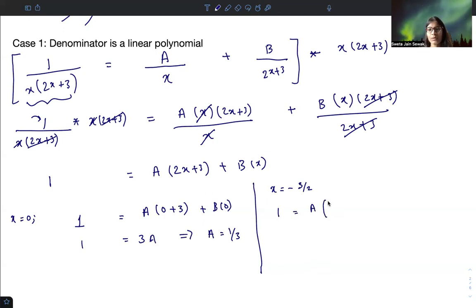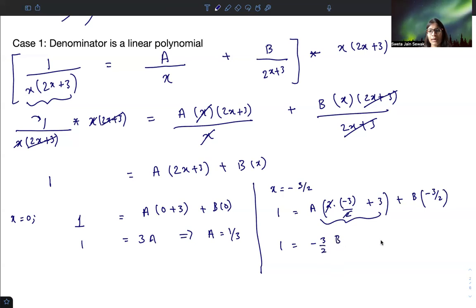A multiplied with 2 times negative 3 over 2 plus 3, plus B multiplied with negative 3 over 2. We get negative 3 plus 3, so this whole thing becomes 0. 1 equals negative 3 over 2 B, and that gives us B is equal to negative 2 over 3.